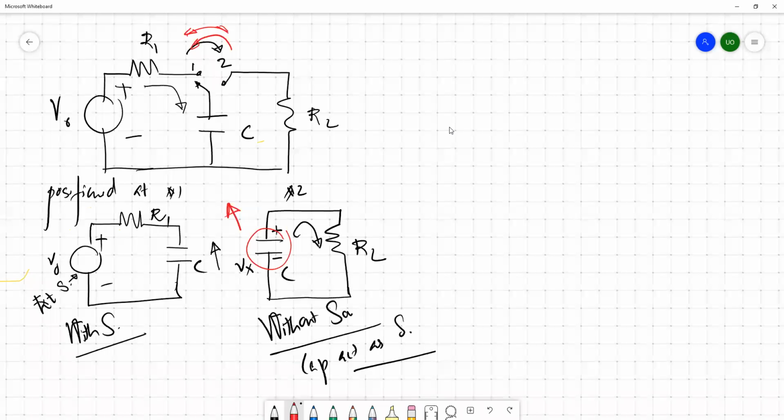We'll discuss it in analog electronics, but keep in mind this is the scenario used in most circuits. If it is discharged, connect the source and charge it. Once it's charged, we disengage or isolate it from the external sources and connect it to the load, and then the power is delivered through the capacitor.